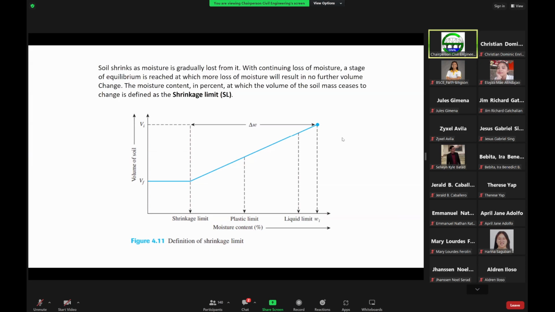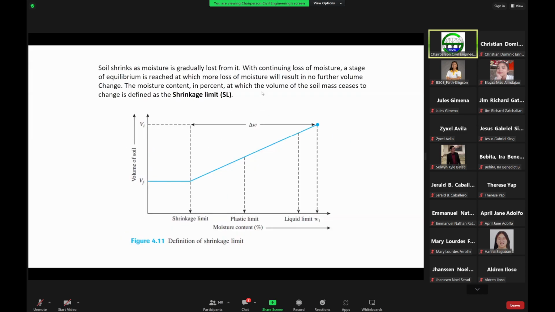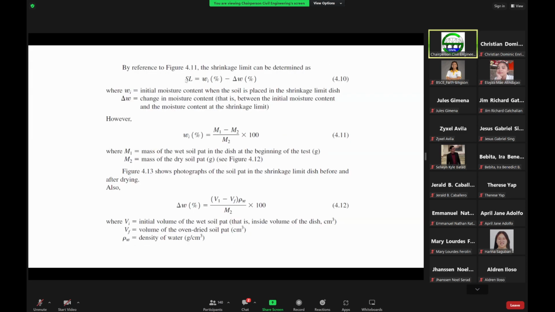Referring back to this figure, we can now define the formula for the shrinkage limit. This shrinkage limit, SL, is equal to W sub I, in percent, which is defined as the initial moisture content when the soil is placed in the shrinkage limit dish.